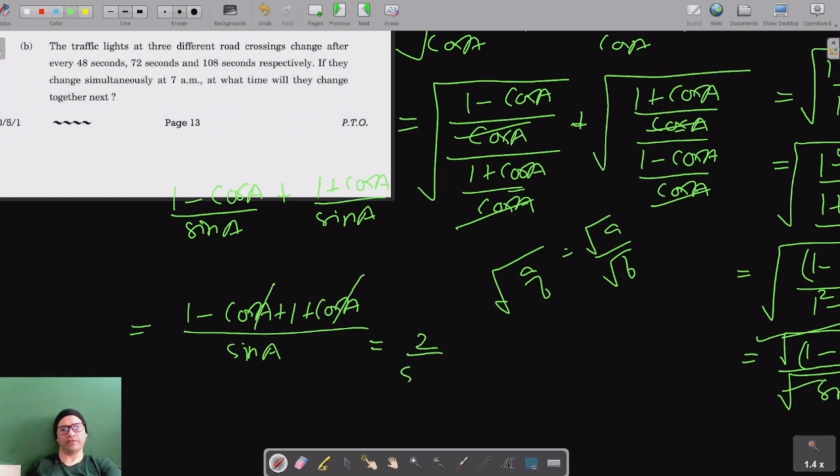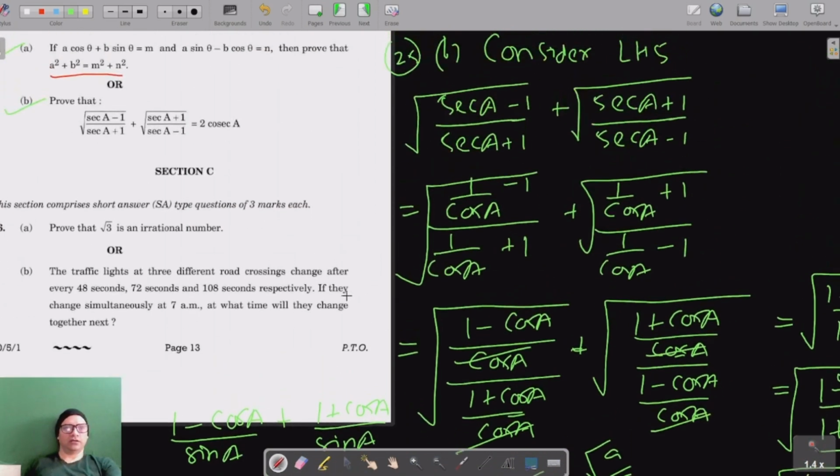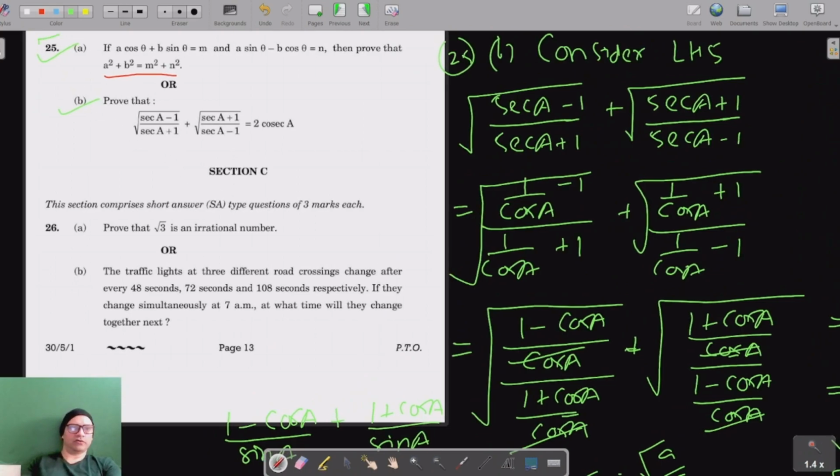So this is 2 upon sine A, which is equal to 2 into 1 by sine A, and this is equal to 2 into cosecant A. Okay, so this solves our question number 25.